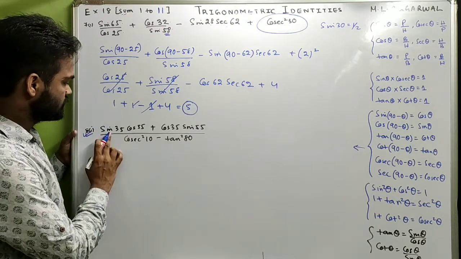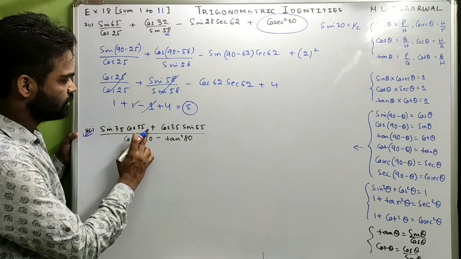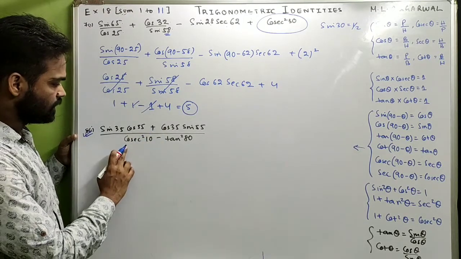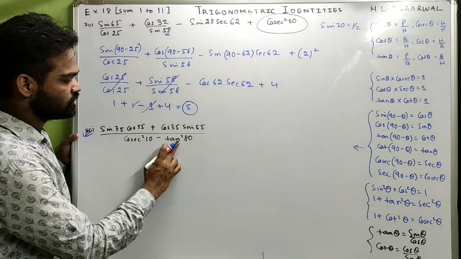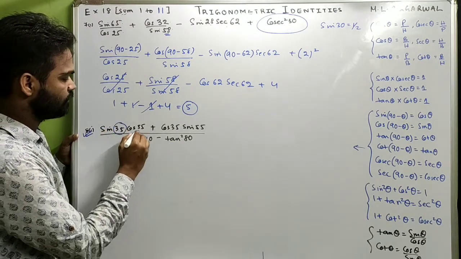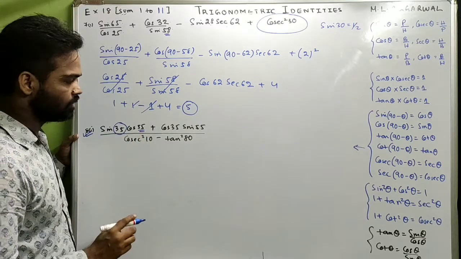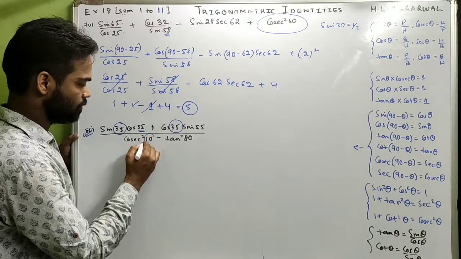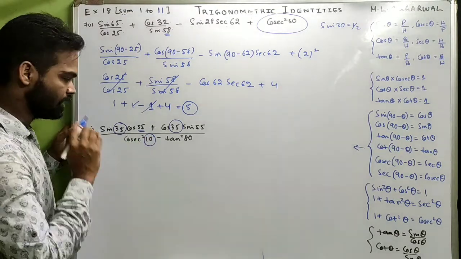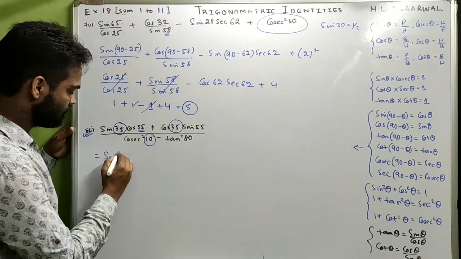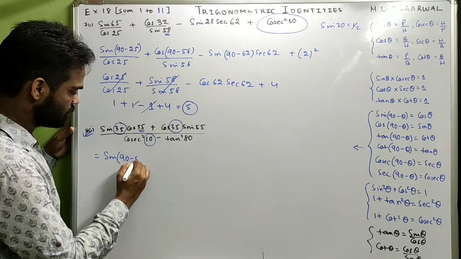Now look at 8 part 1. See sin 35 cos 55 plus cos 35 sin 55 by cosec square 10 minus tan square 80. Now look, 35 and 55, they are complementary. Over here also 10 and 80 are complementary. Okay, I'll change one of the angles. See what I'll do, sine 35, can I write 90 minus 55?